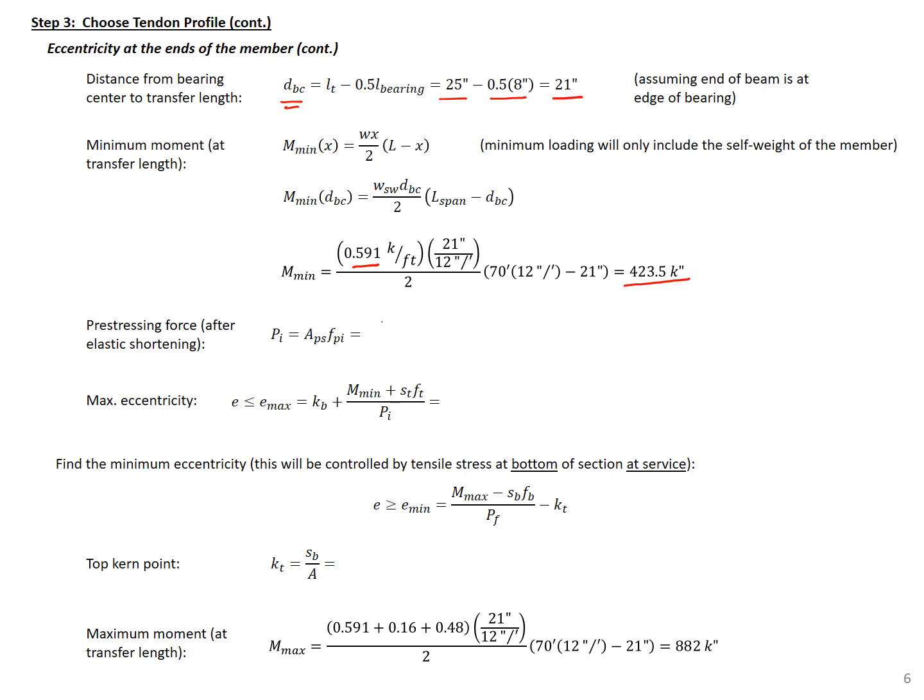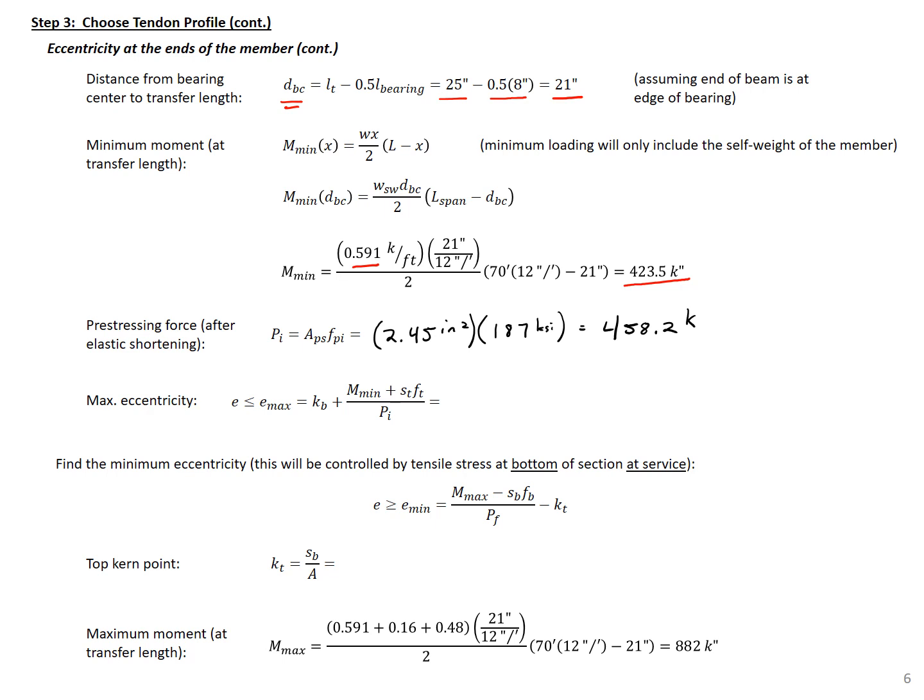This is just going to be the area of our prestressing, where we're starting with 16 half-inch diameter strands, so we have our area there. Then we take this times 187 ksi, which is our assumed stress in our prestressing after elastic shortening, which will give us a value here of 458.2 kips.